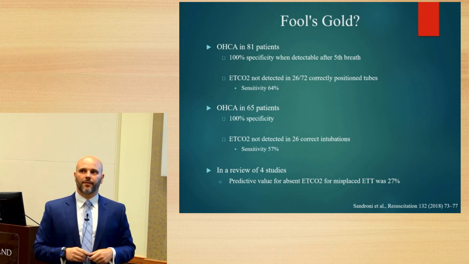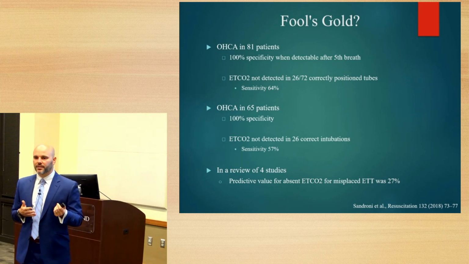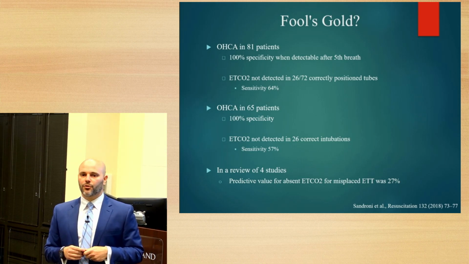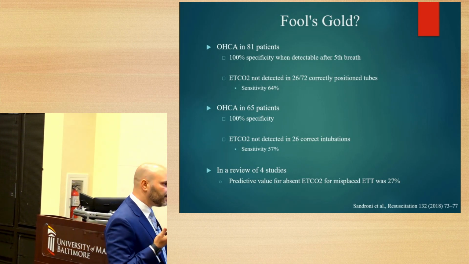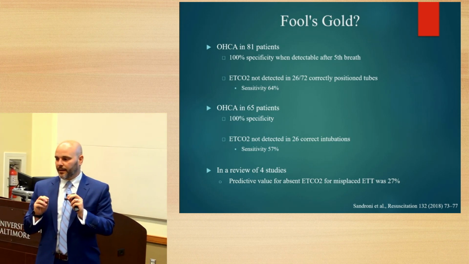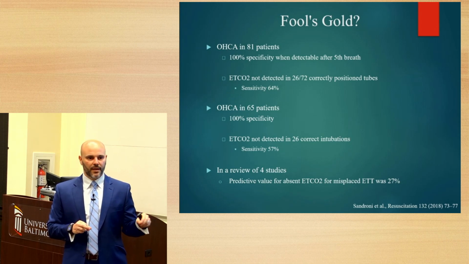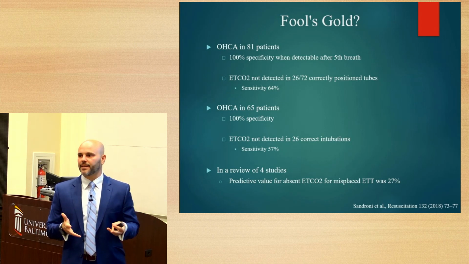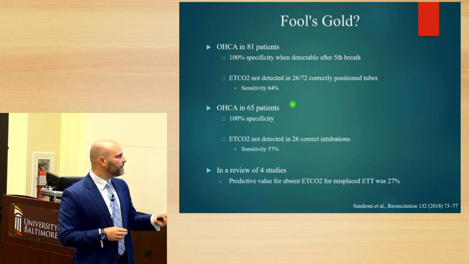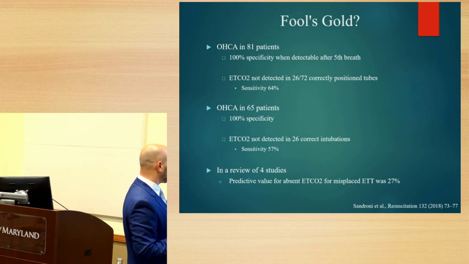You might be in the right spot, but for some reason, the tracing isn't positive, usually due to kinking. You can have a balloon malfunction. So the thought is, unless you can really hone in and evaluate that patient quickly, assume that it is out of place, take it out and reattempt an intubation. Some studies show anywhere between 50s and 60s sensitivity with placement of the ET tube.